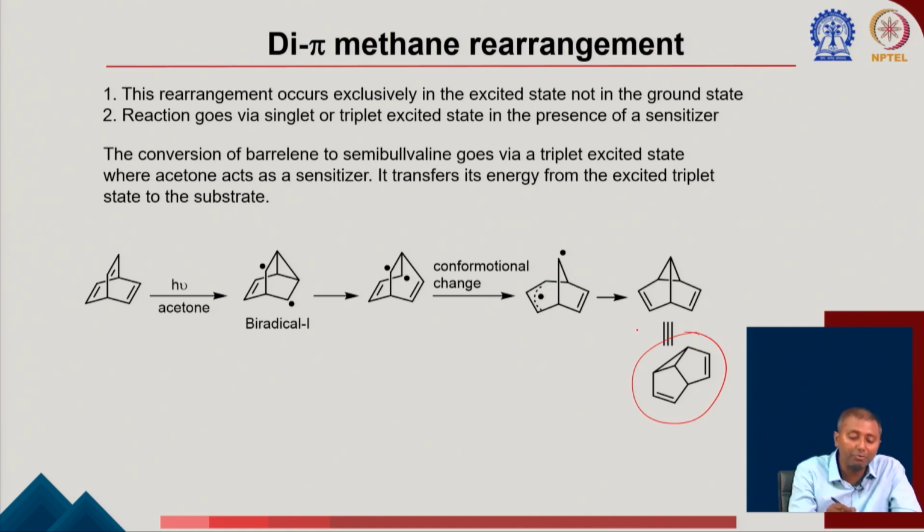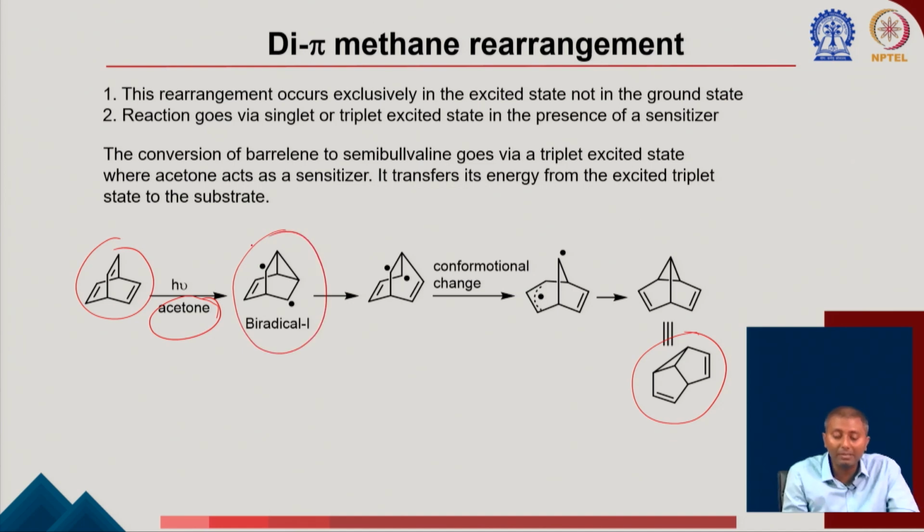Here you can see first the acetone, which is acting as a sensitizer. Acetone can go to the excited triplet state and transfer the energy to the starting material, converting it to the excited triplet to form this biradical. From the biradical, after cleavage here, it can move this way and form this biradical.